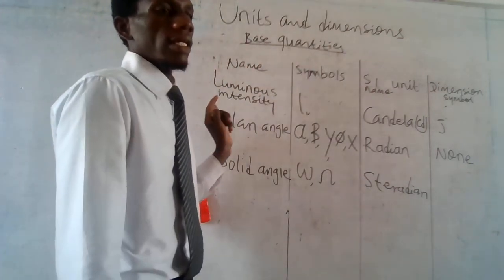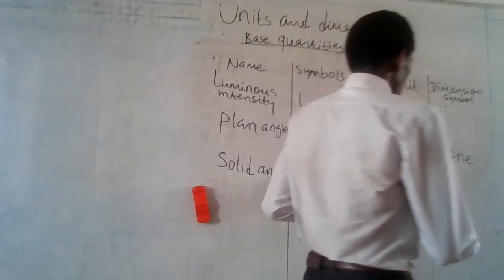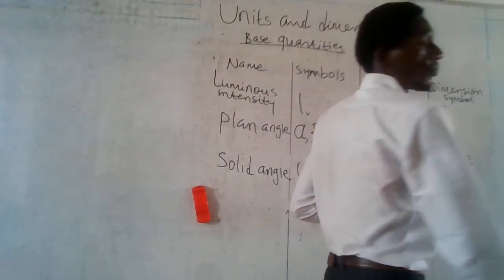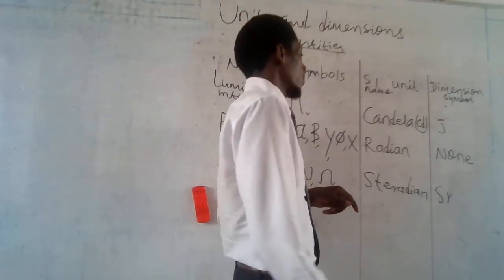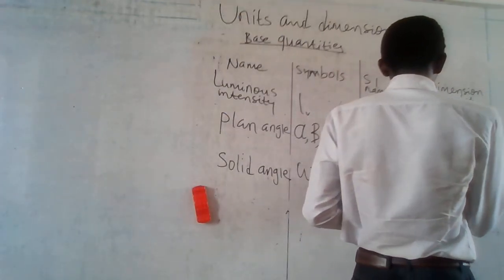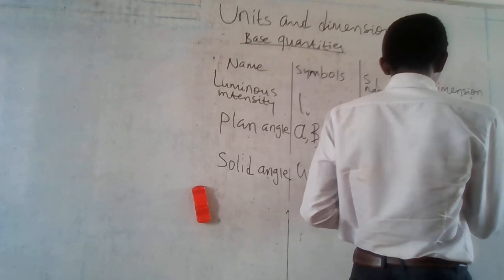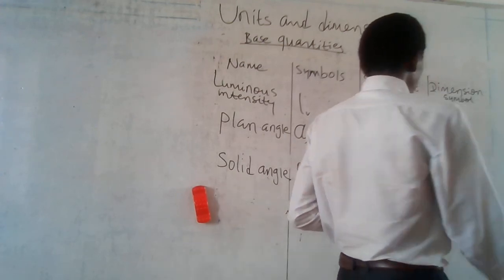And the symbol is SR. Now for radian, the SI symbol is RD.